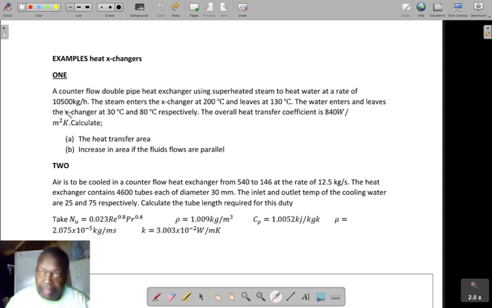So now the solution is, first we look at the mass flow rate of water, which is equal to the mass flow rate of the cold stream, which is equal to 10,500 divided by 3,600, which gives 2.917 kilograms per second.